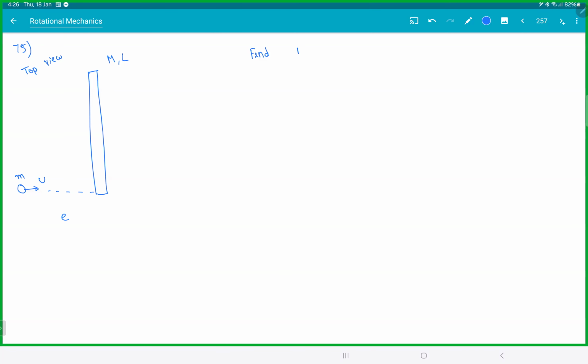Find m by M if the ball stops after collision. Find the ratio of the mass of the ball to the mass of this rod so that the ball stops after collision.